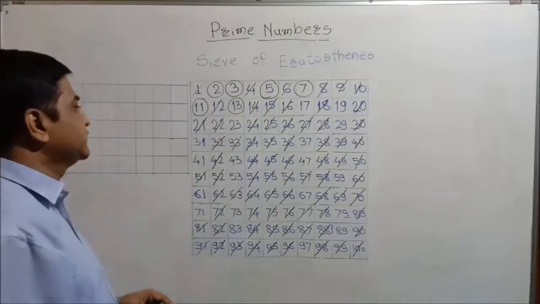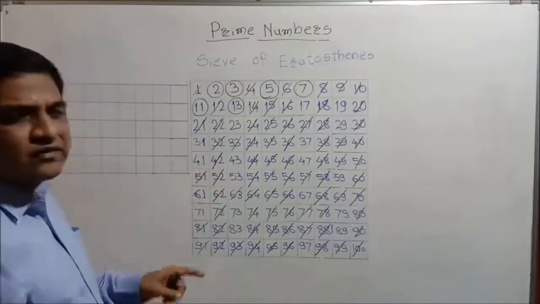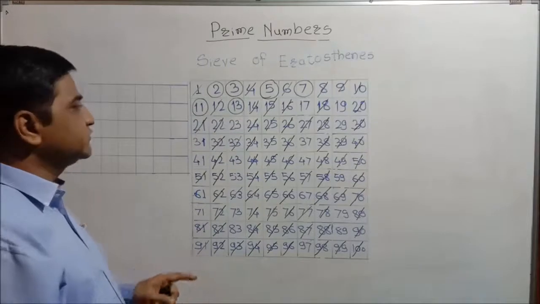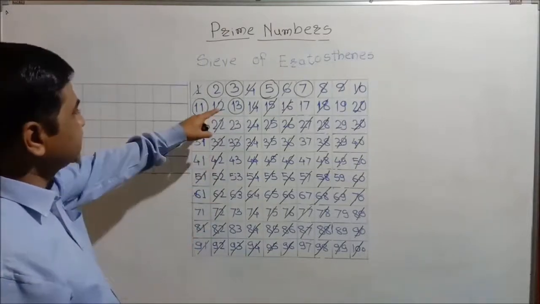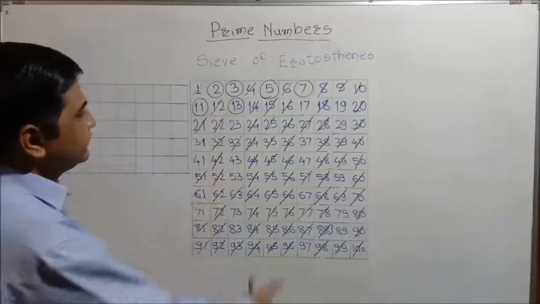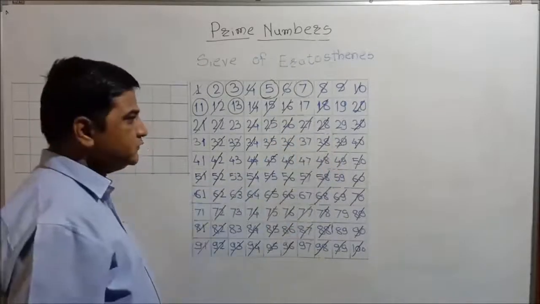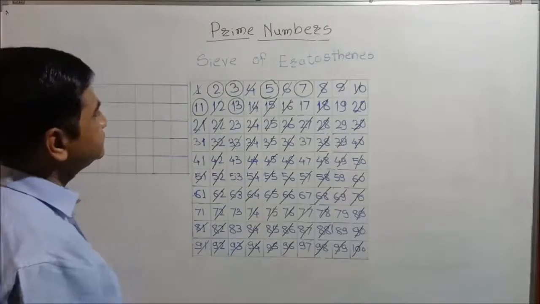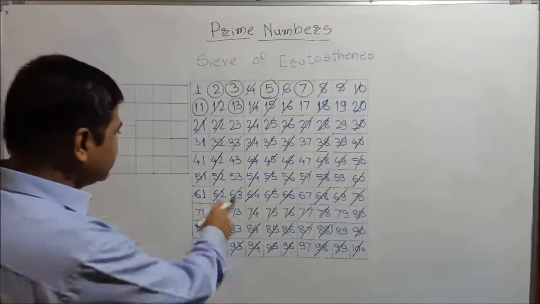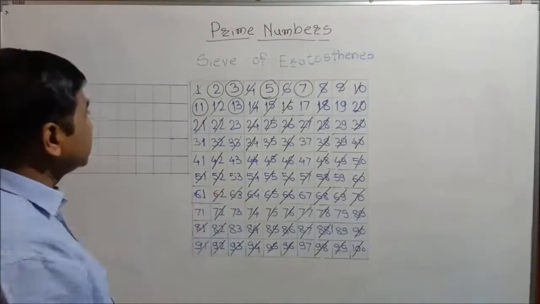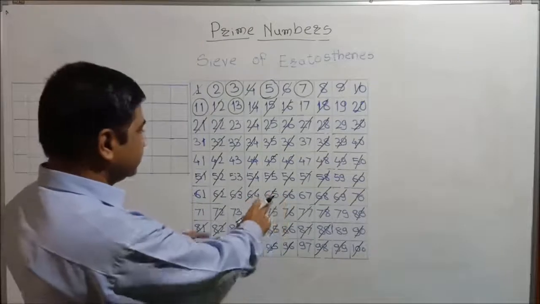We'll see if any multiples of 13 are remaining, and we'll find that no multiples of 13 are remaining uncrossed. For example, 13, then we are having 26, then 39, then 52 already cut, then 65 already cut.